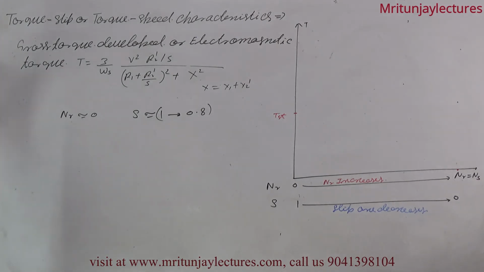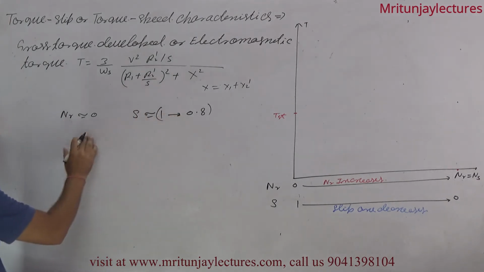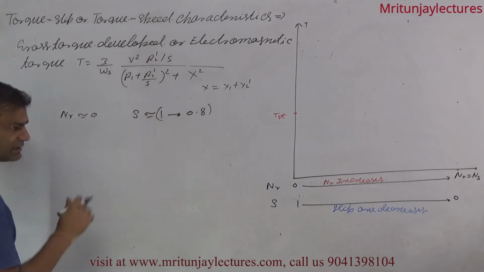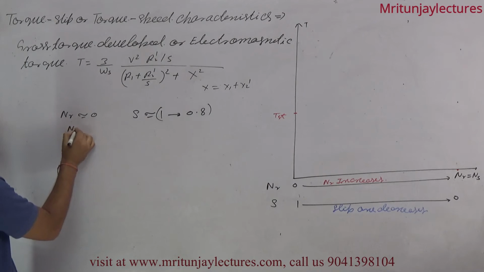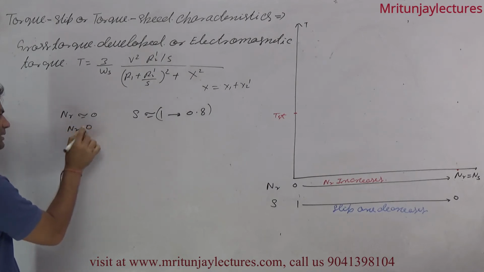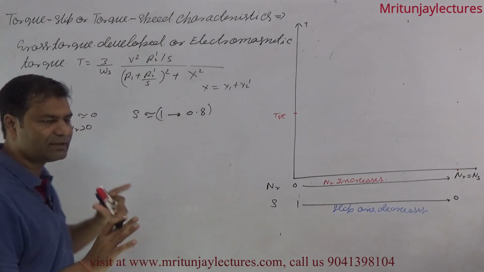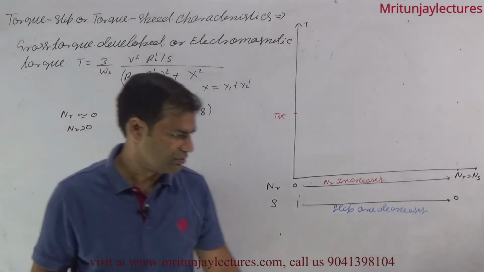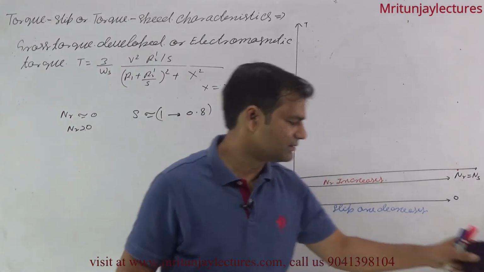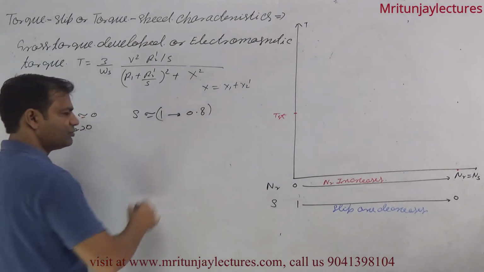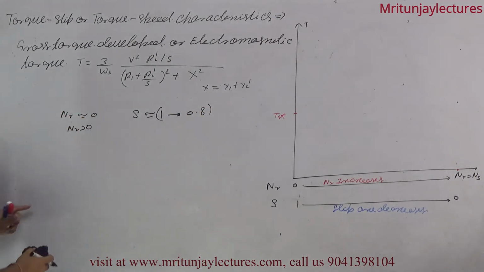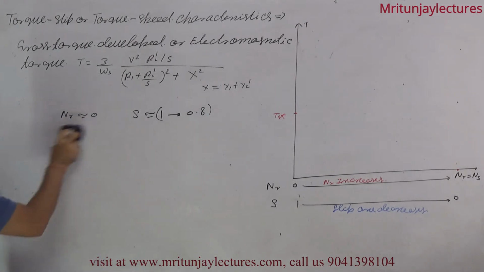In this duration speed is also closer to 0, not exactly 0. Actually Nr is greater than 0 but approximately closer to 0, just like slip varying from 1 to 0.9 or 0.8.